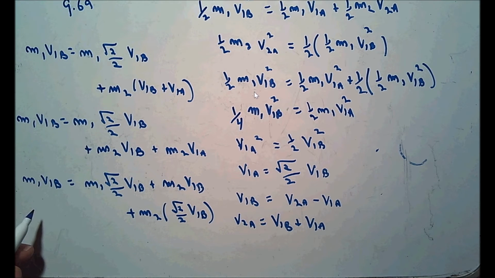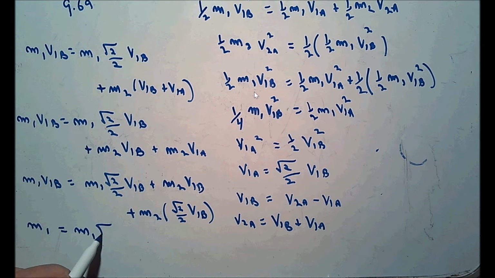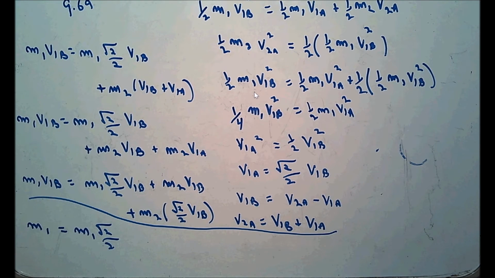And when I do that, I get M1 equals M1 square root of 2 over 2, I want to kind of isolate all this right here, plus M2 times V1 before, which we've eliminated, and then plus this last term, M2 times the square root of 2 over 2.